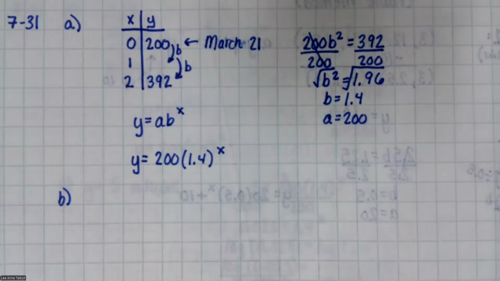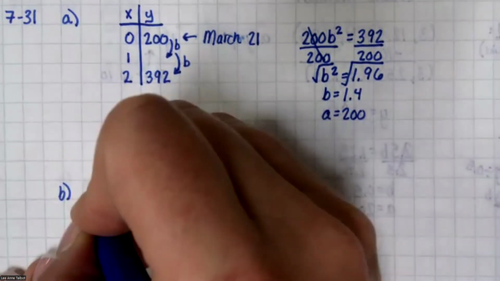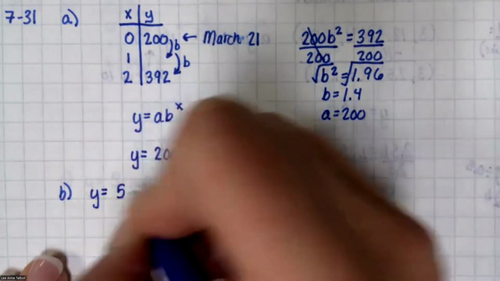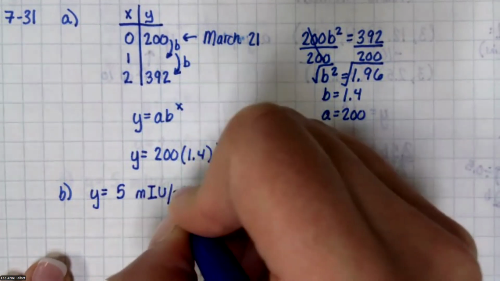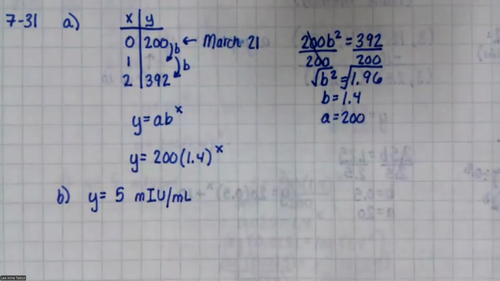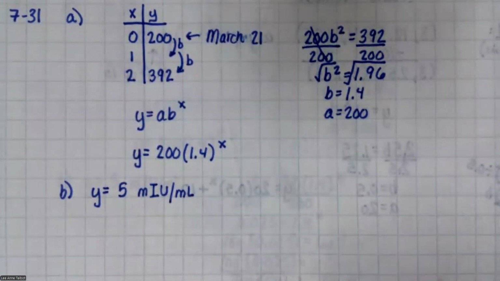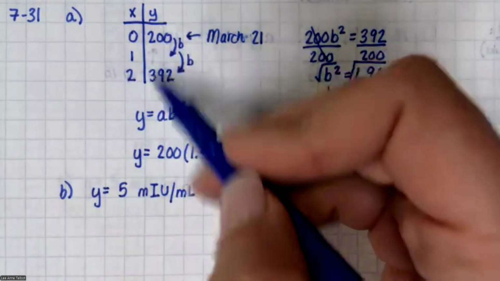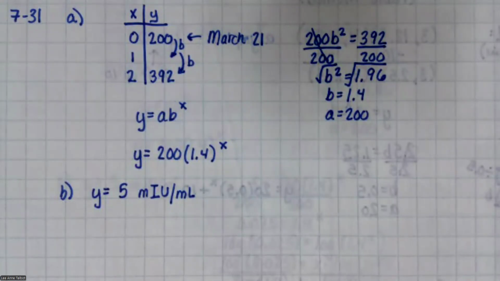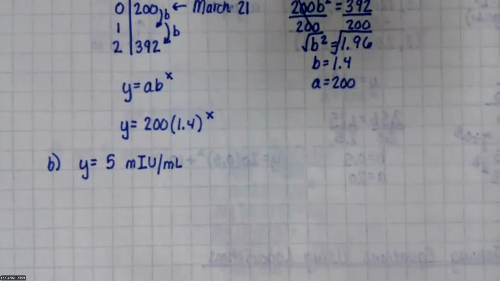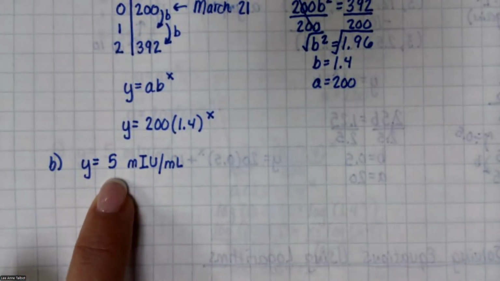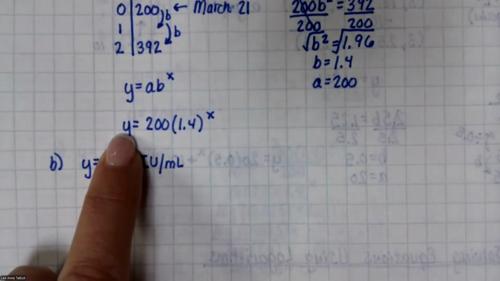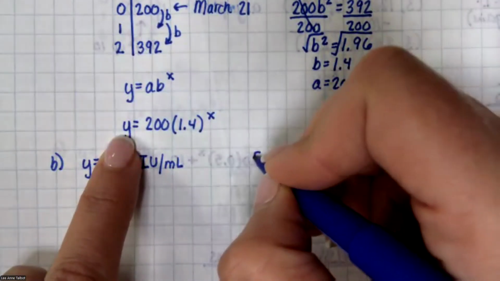It's a y, right? Okay, because these were days and these were milli-international units per liter. Okay, so what we're going to do is take the 5 and we're going to plug it in for y in our equation here.